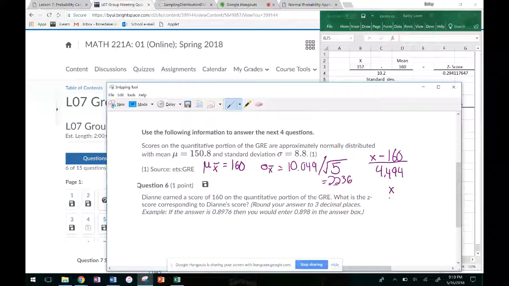So x divided by 4 equals 160, right? 35.6. So would it be 160 times 4.494 then equals X?